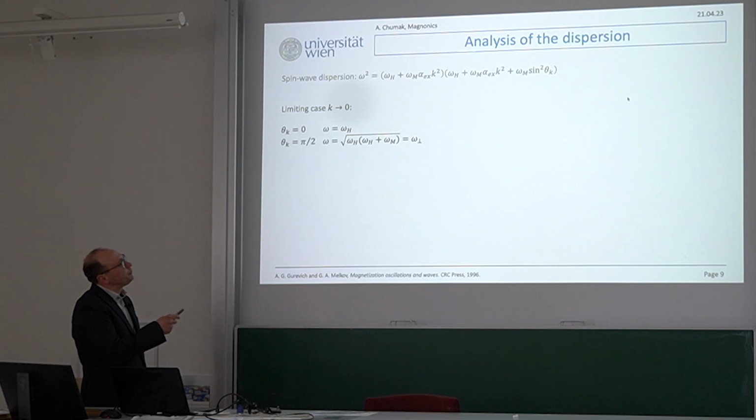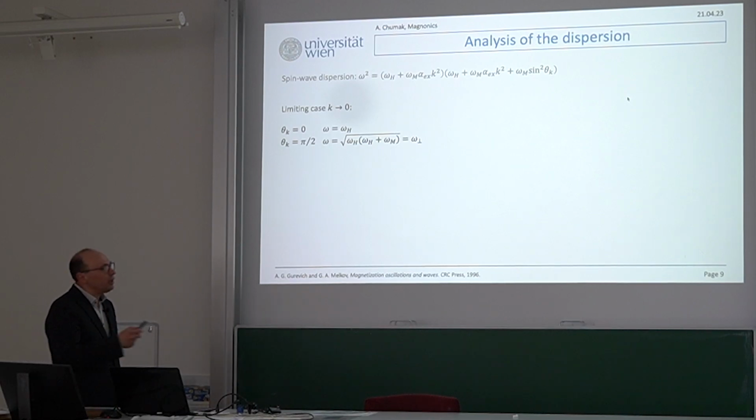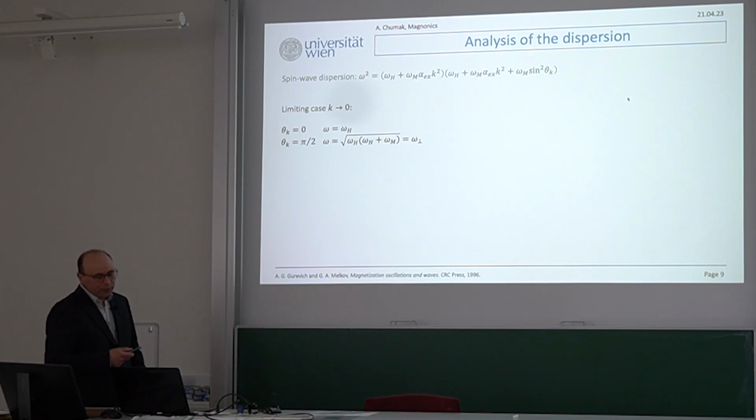So that's our formula. And of course, what we want to understand is where our dispersion starts. So we just set k to 0. And you see that it now depends on the angle theta k. If theta k is equal to 0, then this part is 0, and omega is simply omega h. Here is tan square, so it disappears.